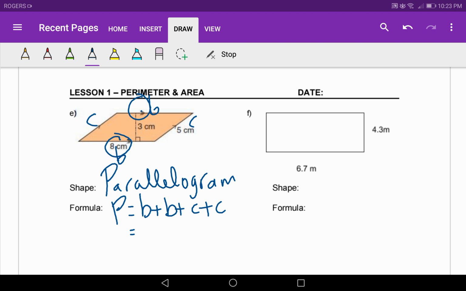It's not shown there, but we know that in a parallelogram, it's basically just a rectangle skewed over to one side. And in a rectangle, we know that the top and bottom sides are always equal and the left and right sides are always equal. So we have 8 plus 8 plus 5 plus 5, which is 26. Look at your units, centimeters.